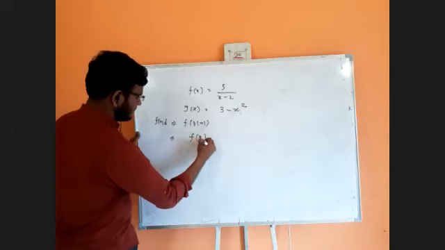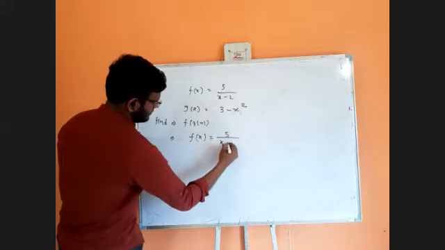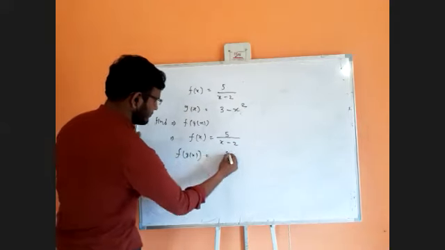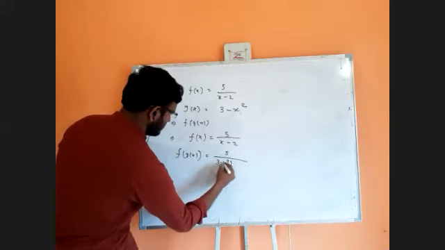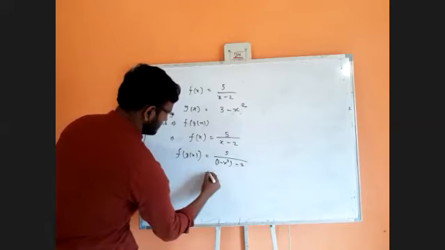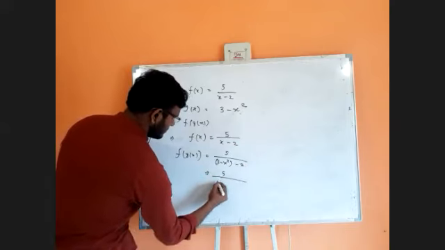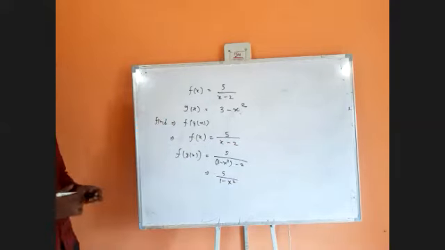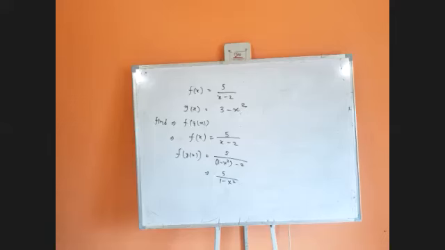Yeah, I'll do it. Yeah, 5 by 1 minus x square. Correct? Okay. So this is all about the composite functions.